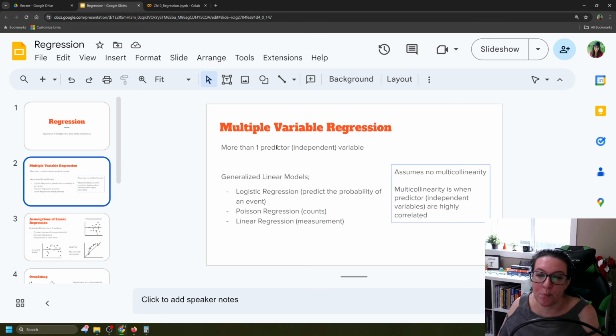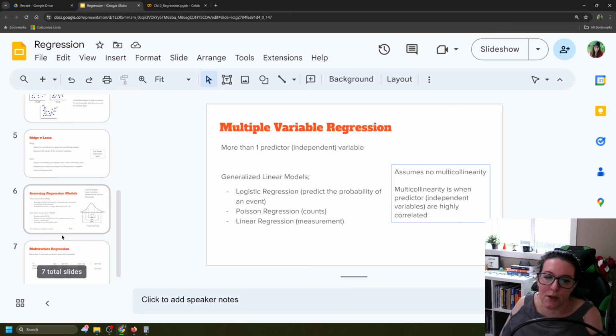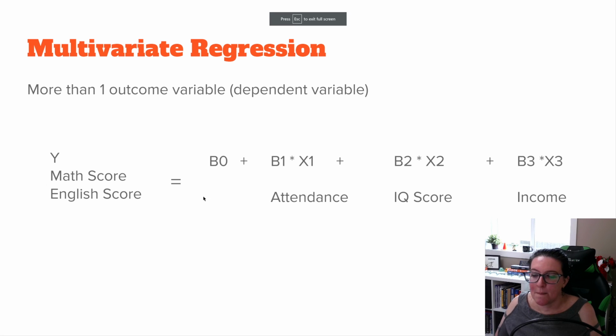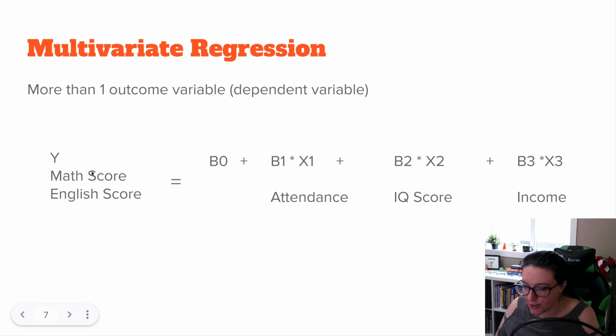Just as we leave the topic of regression, we've been looking at multiple variable regression, where we have more than one predictor variable. There is also what is called multivariate regression. This is where you have more than one outcome variable. So here are the dependent variables. There's more than one. So for example, we could look at here if we're trying to predict math scores and English scores. Think about this as two columns in a table.